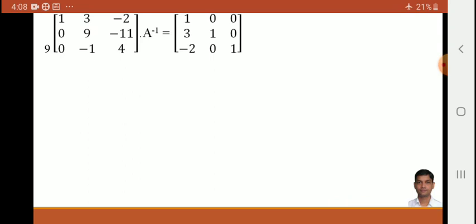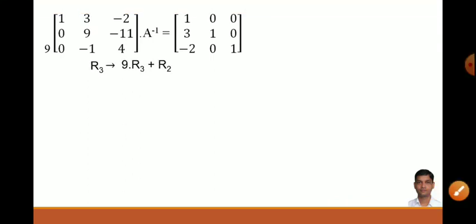So R3 is going to change. Write the transformation as R3 changes to 9 into R3 plus R2.